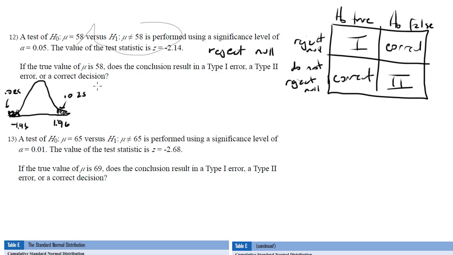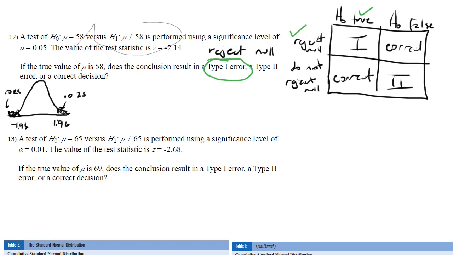So in real life, the true value of the population mean is 58, which matches the null. So the null hypothesis in this case is true. The mean is 58. And what we did is we rejected the null. We made an error of type 1.